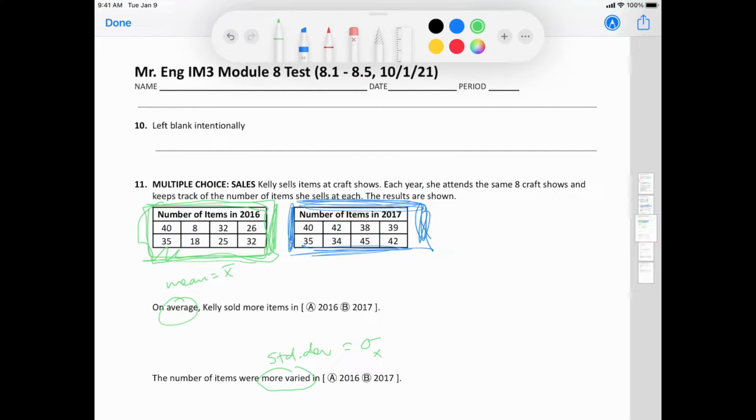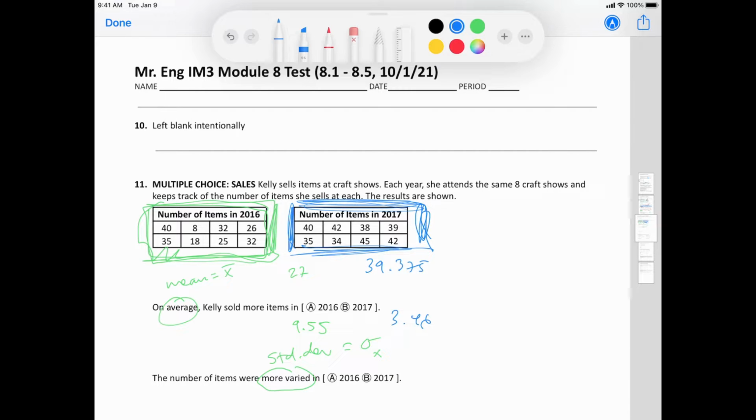So in green, my average was 27, and my standard deviation was 9.55. And then the second list, in blue, I have 39.375, and my standard deviation also 3.46.